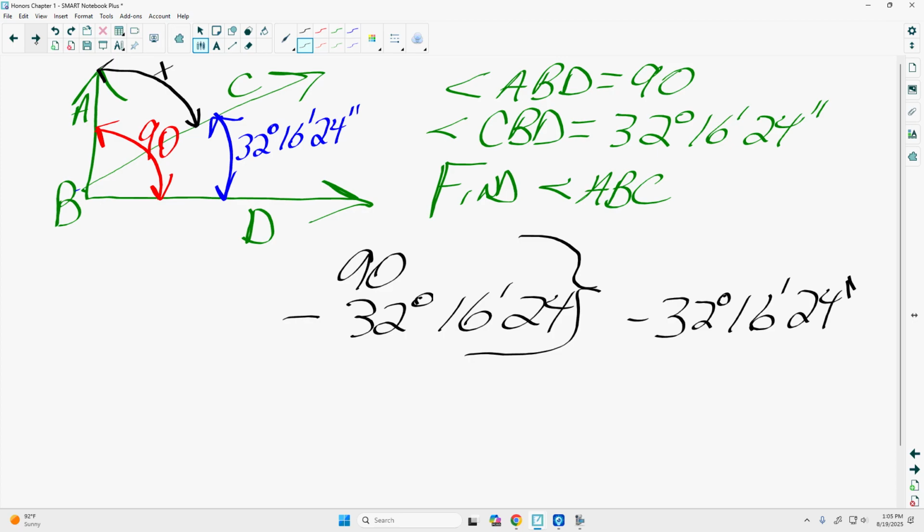What do you think the 90 becomes? 89, 59, and 60 seconds, just like the one where I changed the 60 degrees a couple times.